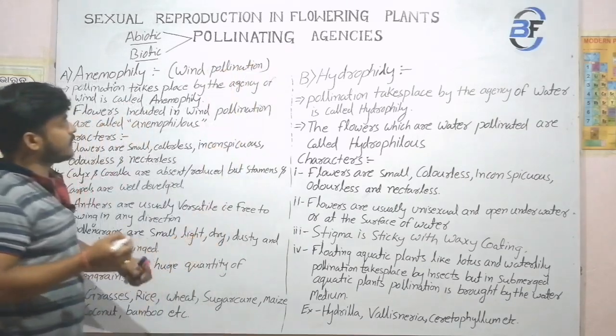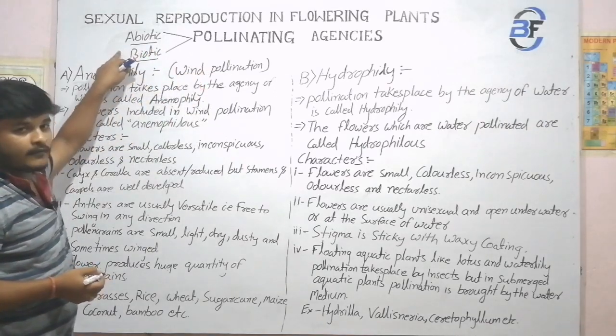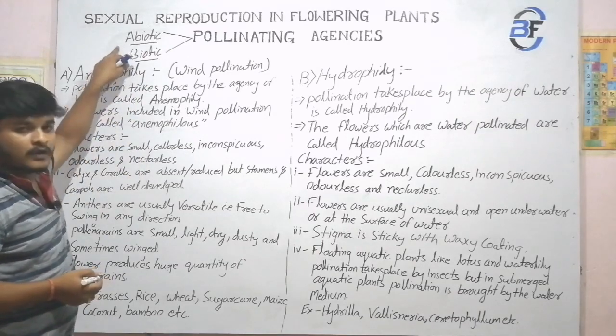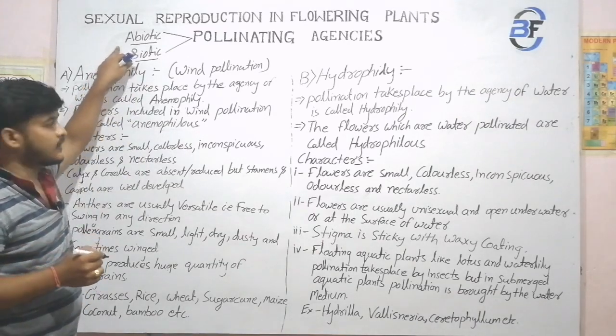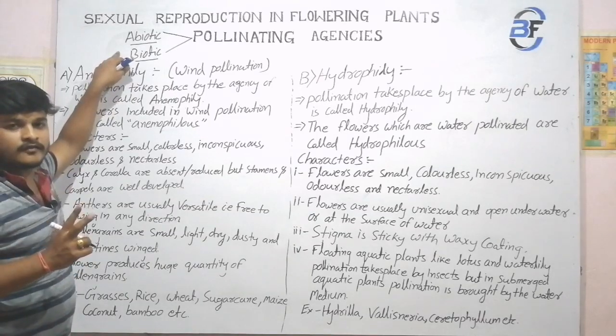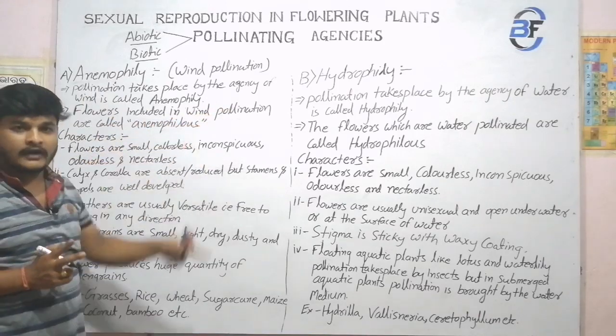I again repeat, pollinating agencies are divided into two types. One is abiotic, another one is biotic. In this session we are going to discuss abiotic, which includes two types of pollination. One is anemophily, another one is hydrophily.